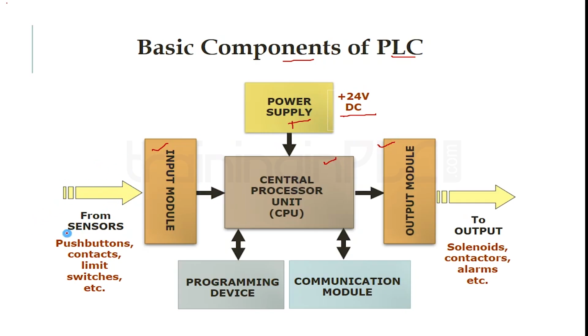All input devices like sensors, push buttons, contactors, limit switches will be connected at the input module, and all the output devices, solenoids, contactors, motors, alarms, everything will be connected at the output side. Programming device. Usually this will be a PC or a laptop which is used to write a program.